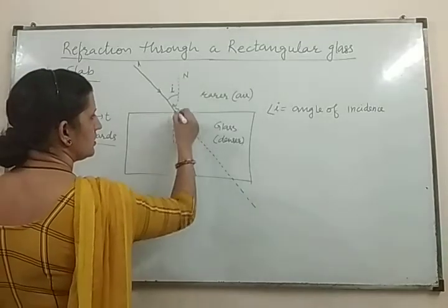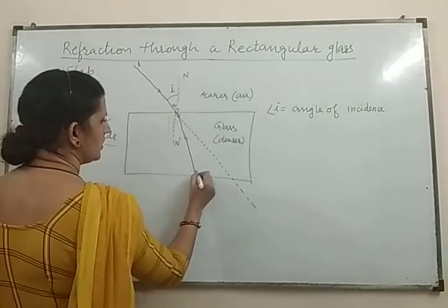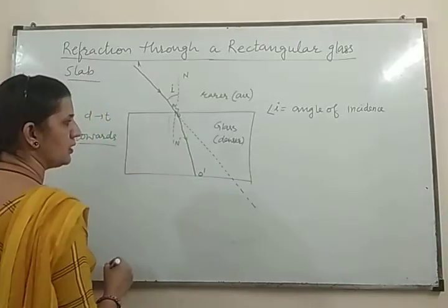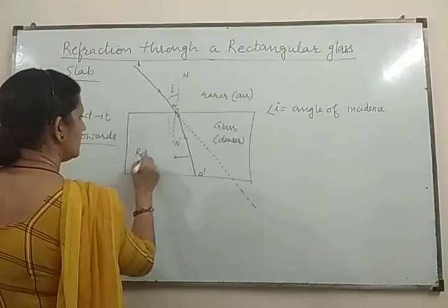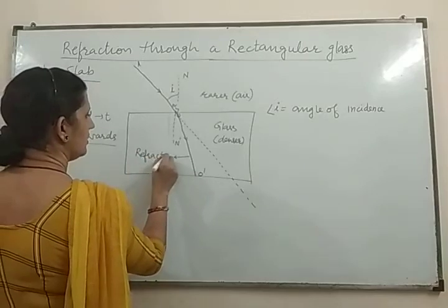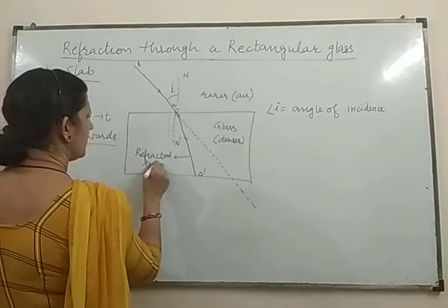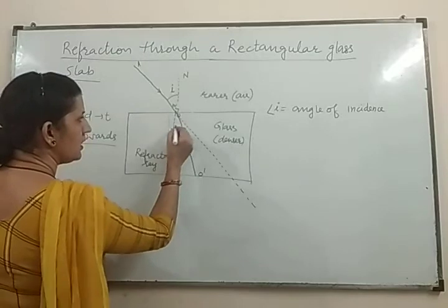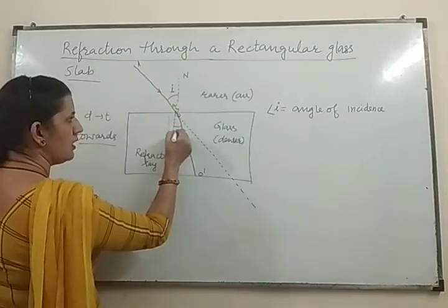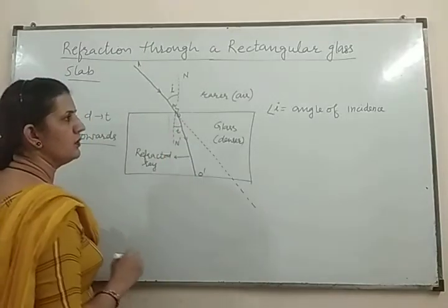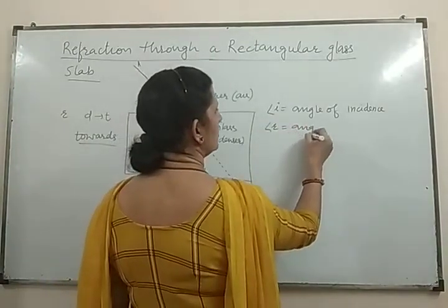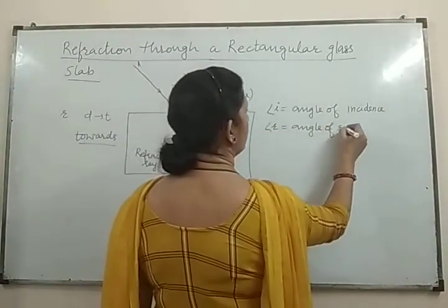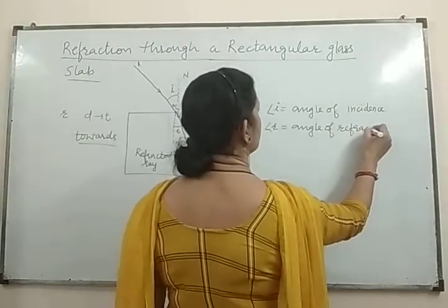So now this point, suppose, is O dash. This ray is now known as the refracted ray, and this ray is making an angle R with the normal. So this angle R is equal to the angle of refraction.